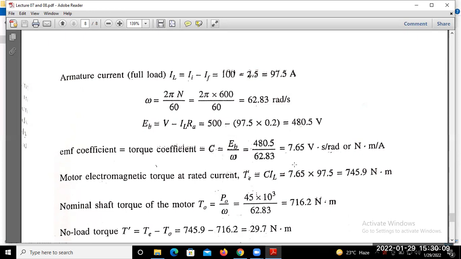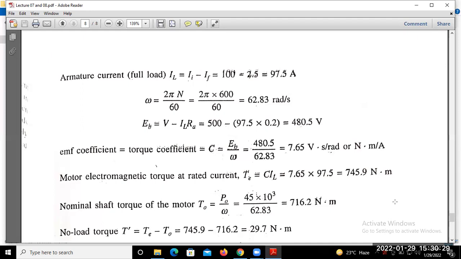Put here the value of the EMF coefficient, 7.65, and the armature current, 97.5 ampere. So this is the electromagnetic torque developed in the motor at the rated current, that is 745.9 Newton meter.